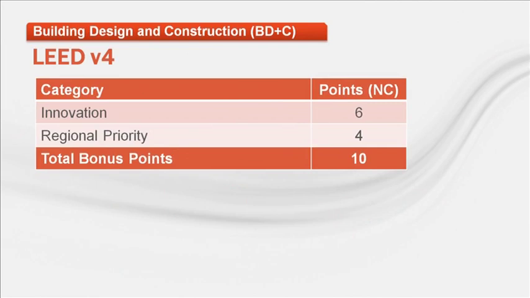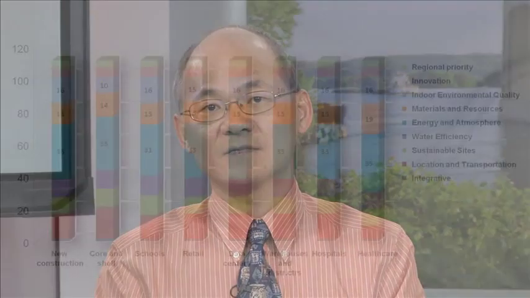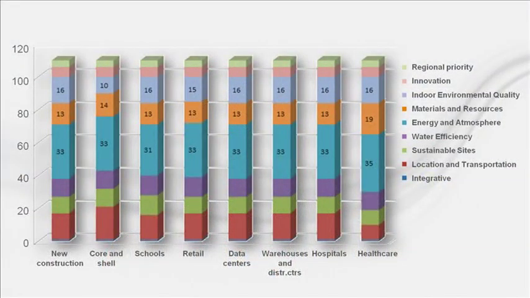And following the tradition of the previous version, LEED V4 continues to include bonus points categories for Innovation and Regional Priority credits. As I mentioned, LEED V4 covers virtually all types of buildings throughout the building life cycle. This chart gives you a quick glimpse of all points from Integrative Process all the way to Regional Priority credits.